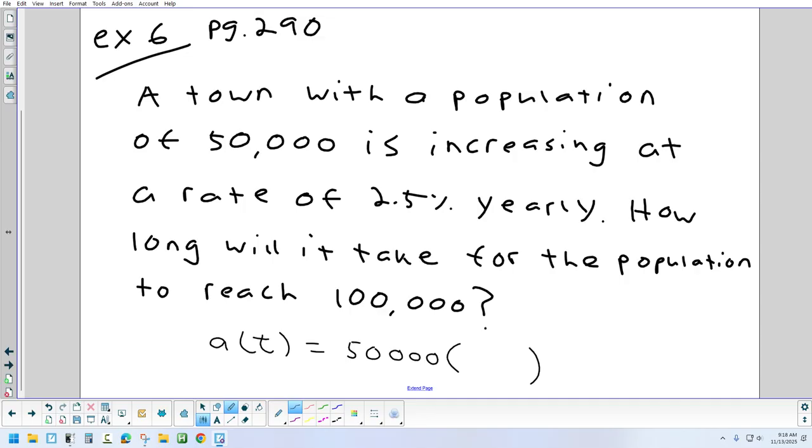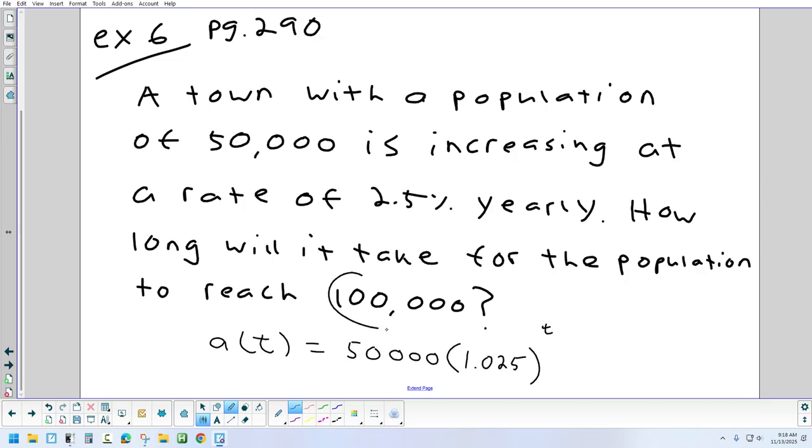We're looking for a specific number that we're going to put in right there. 1.025. Yep, perfect. And then we have to raise that to the t. So that's the exponential growth formula.